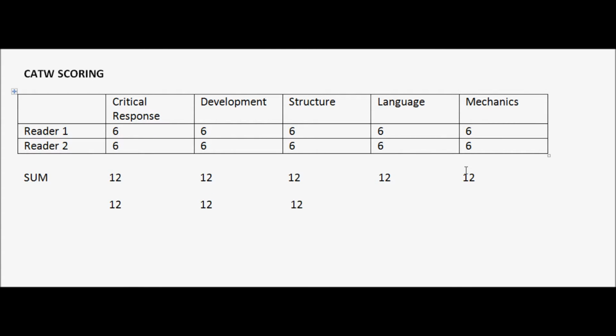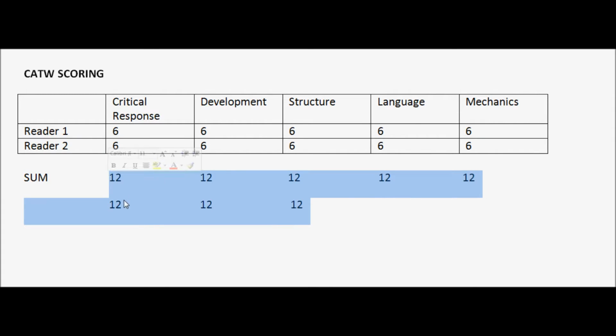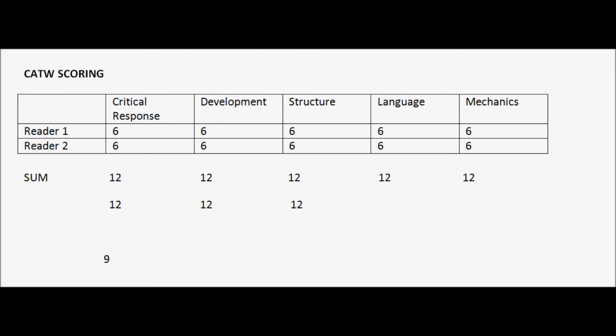You could double by multiplying by 2, but I just like to add the same number again. I think it makes life easier. So the first 3 categories get doubled, so now all you have to do is sum up all these numbers here. And when you add up all those maximum scores of 12, you get a 96, and 96 is the maximum total score you can get with the CATW. That would be the perfect score.